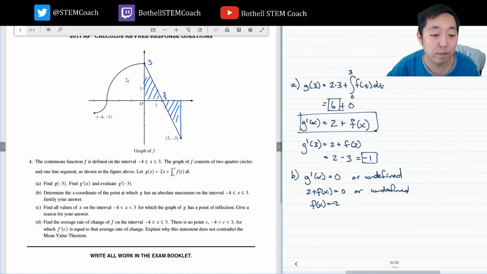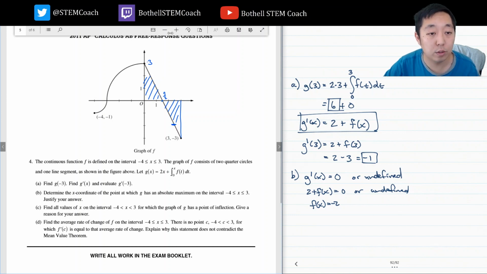So when is f of x equal to -2? -2 is down here, and it appears to only be at this point. See that? So remember this, this is the only point it reaches -2.